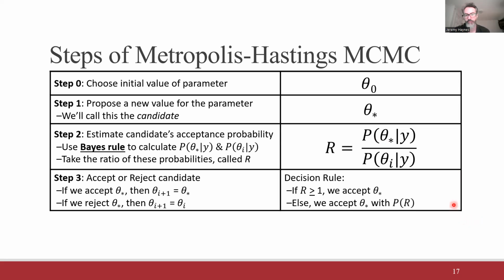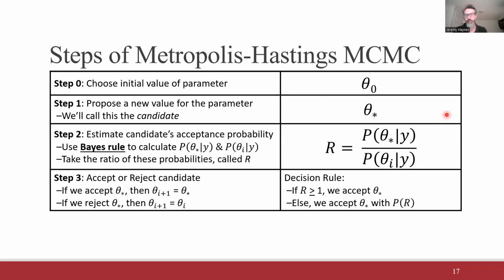If the ratio is greater than 1, what does this indicate? This indicates that the probability of the candidate is much higher than the probability of the previous value. And so we do want to accept those parameter values because those are very likely parameter values, at least compared to what we've drawn thus far.